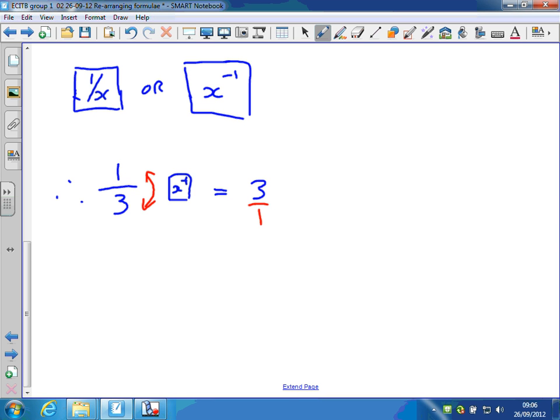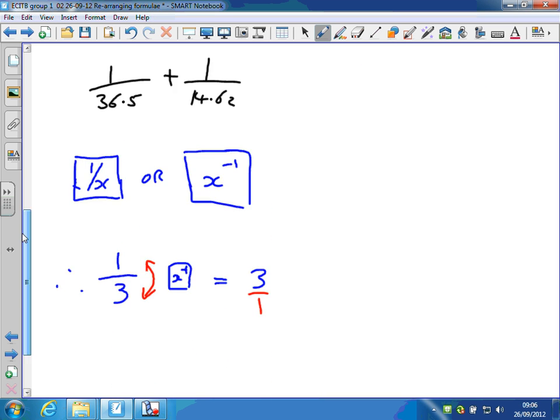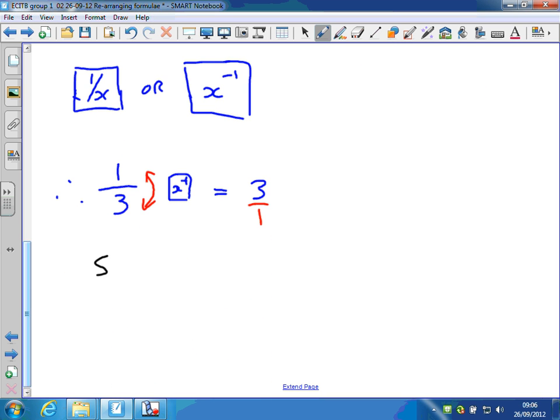So to do this on the calculator, this is what I would key in. I'd key in 36.5 and then hit the x to the minus 1 button, and on the screen you probably see 36.5 to the minus 1, which means the inverse.